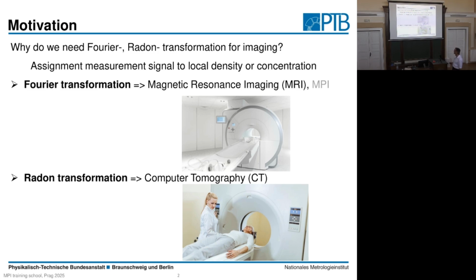The famous application for Fourier is magnetic resonance imaging, and partially, as we have already seen yesterday, also MPI. For Radon transformation, of course, the main application is computer tomography, and maybe also some kinds of electron microscopy.